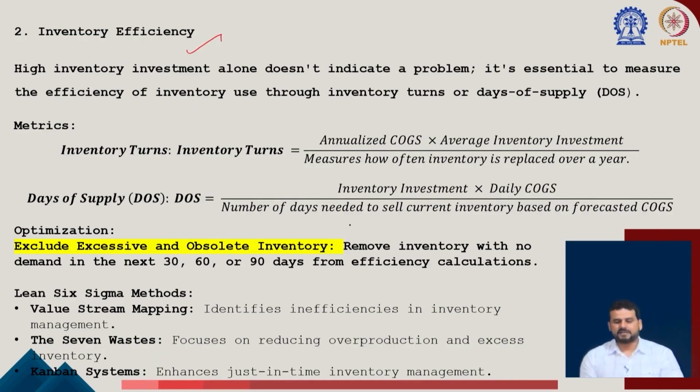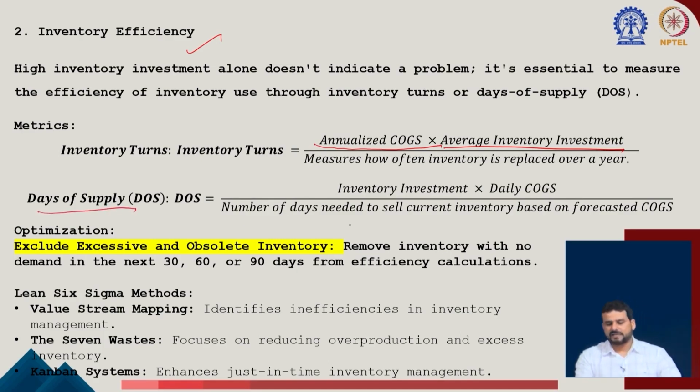Inventory efficiency: we usually calculate inventory turnover. What is the cost, and how quickly are we moving that inventory in the market, right? You can calculate annualized cost of goods sold divided by average inventory investment, which measures how often inventory is replaced over the year. Already we discussed inventory turn.